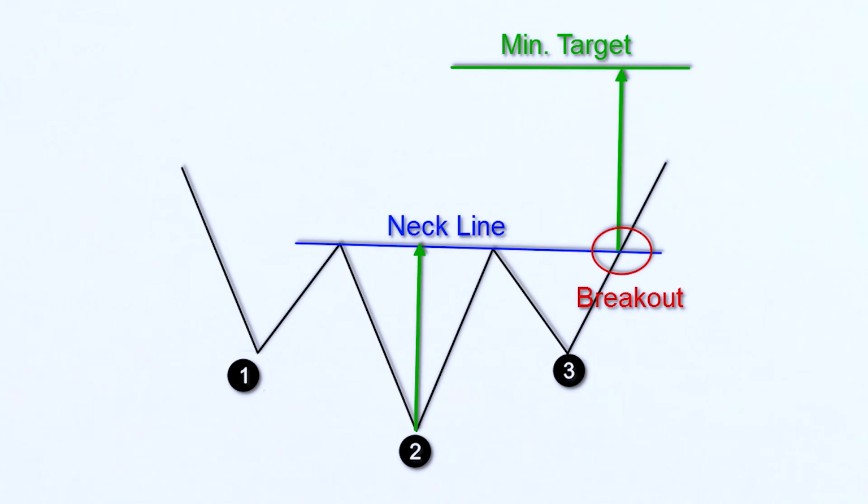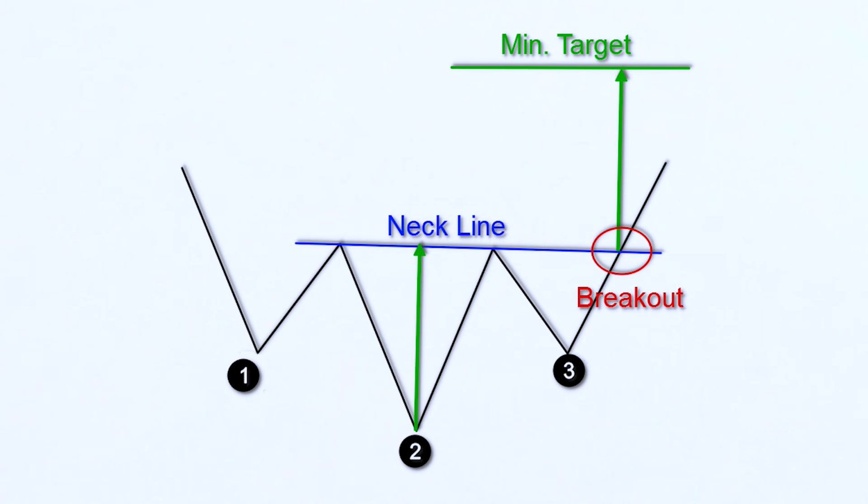In that same direction, we have the inverse head and shoulders pattern, which is the bullish counterpart. And this one signals a potential reversal at the bottom of a downtrend. It has a similar structure to the head and shoulders pattern, but inverted, with three troughs instead of peaks.